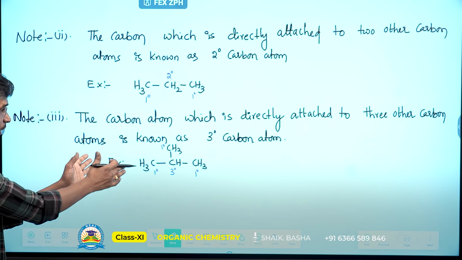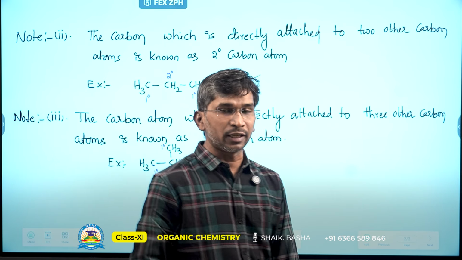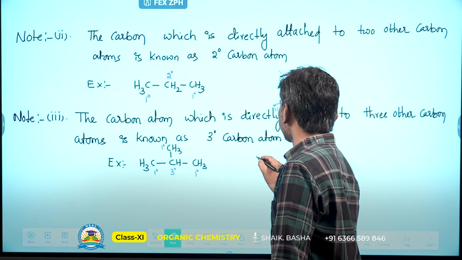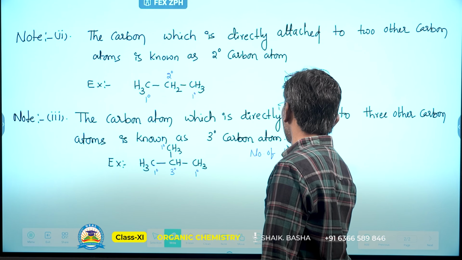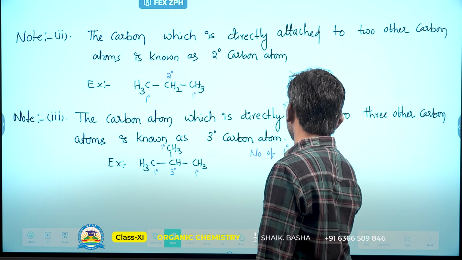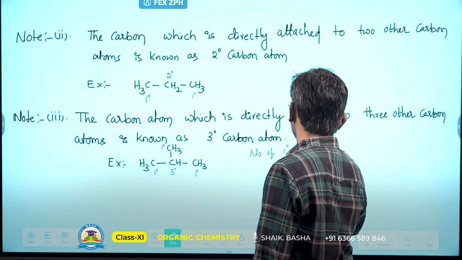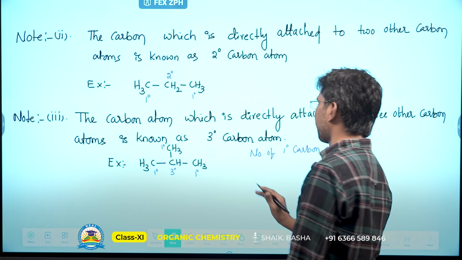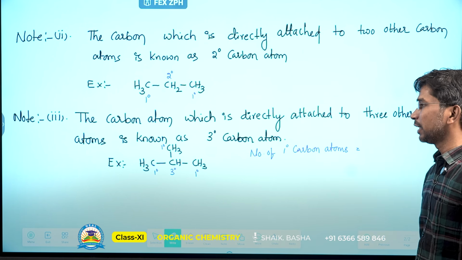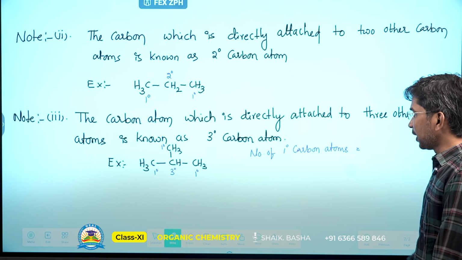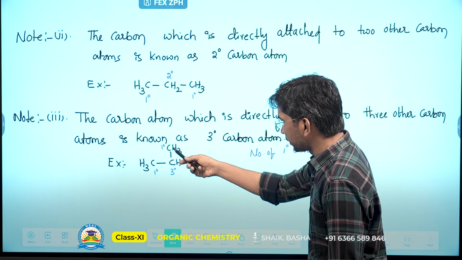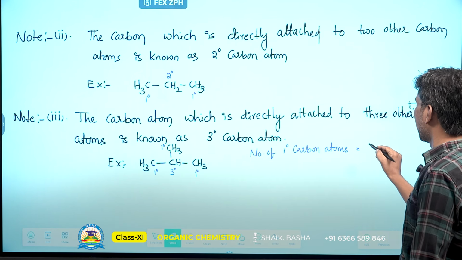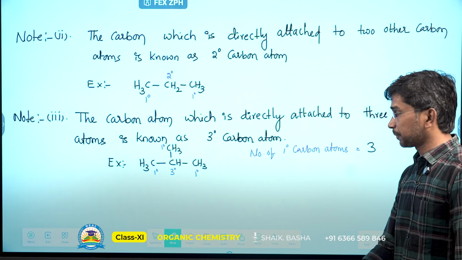Then in this example, how many questions can we generate? First one, number of primary carbon atoms. How many primary carbon atoms are there in the given molecule? This is one primary, this is second primary, one more primary. Total 3 primary carbons are there.